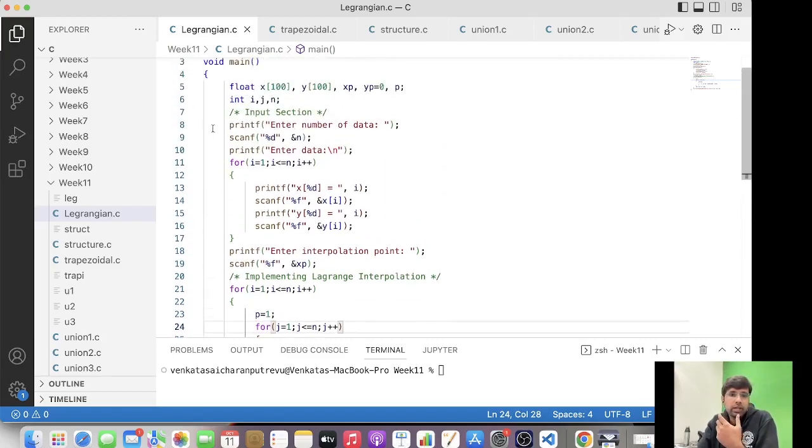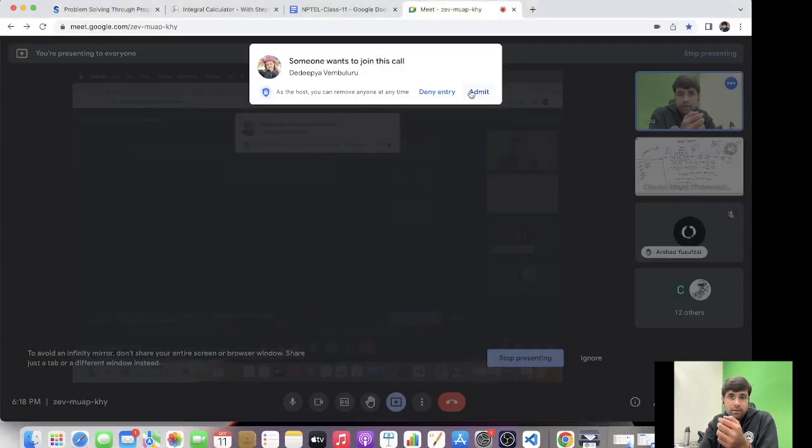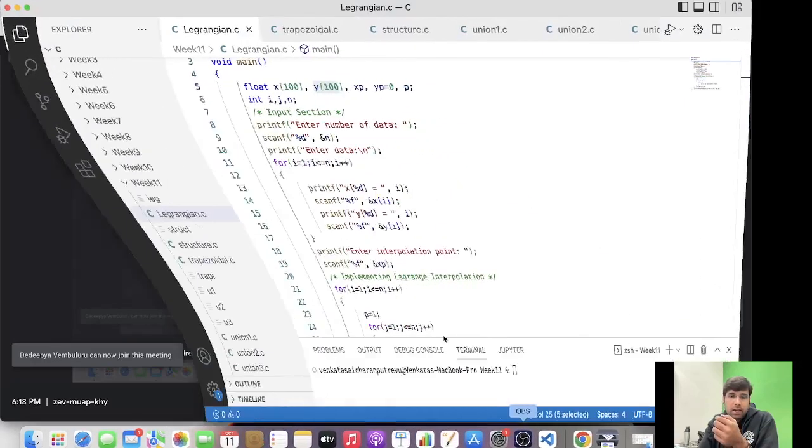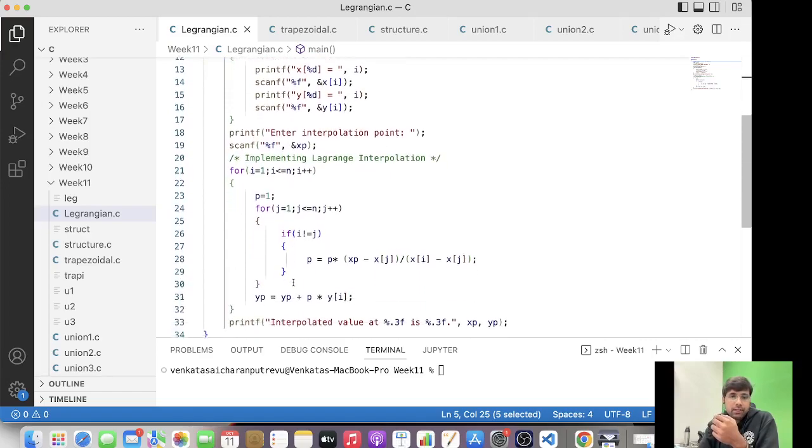Here initially we are reading the numbers in x, y. The x naught values will be read and scanned in this particular array. f of x1 and f of x2 will be calculated here, and then we will try to calculate the Lagrangian interpolation.